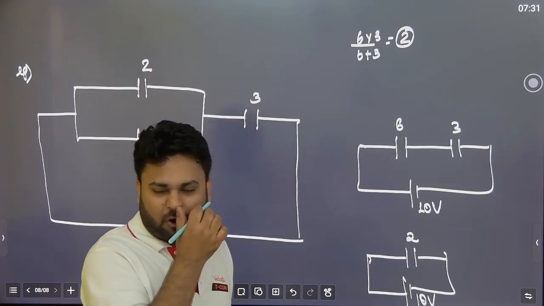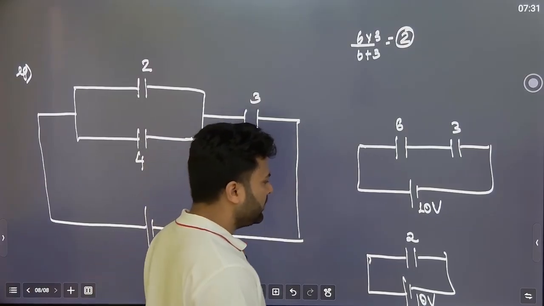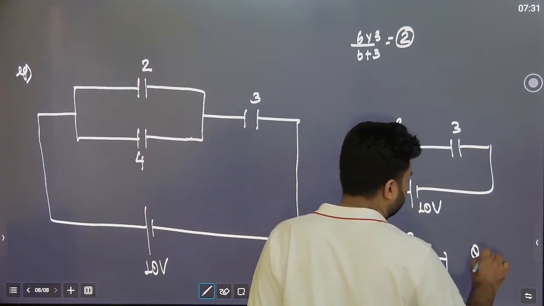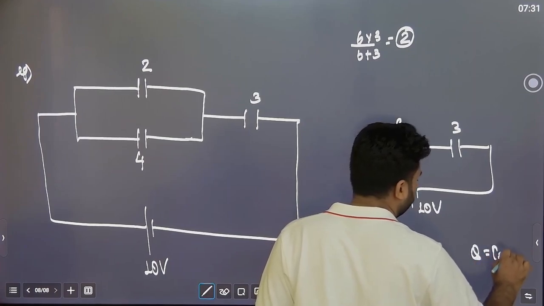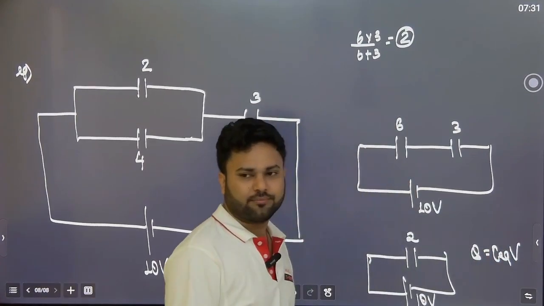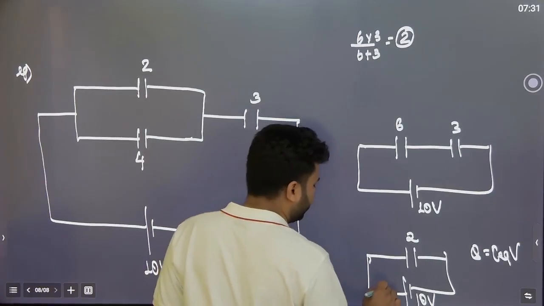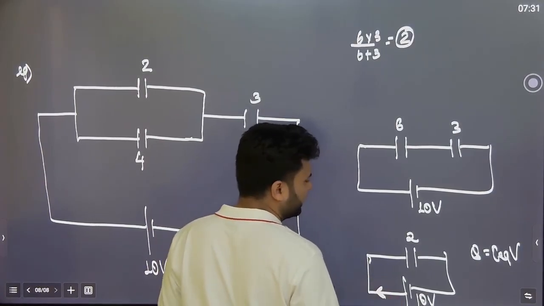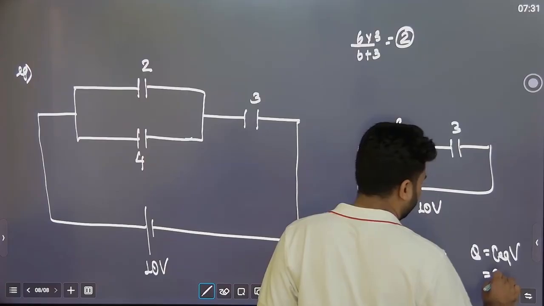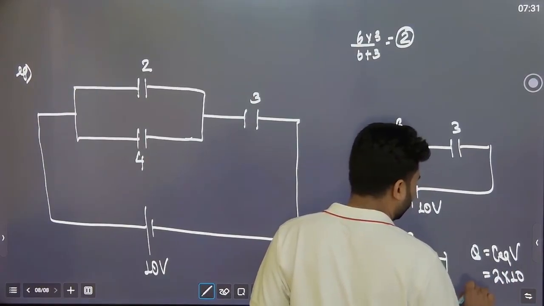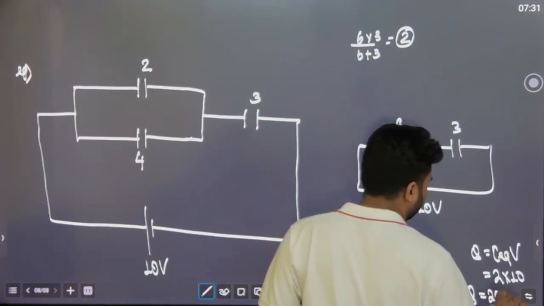Well, if someone asks how much charge is flowing from the battery, so charge equals C equivalent into voltage. C equivalent is 2, voltage is 10. So Q equals 20 coulomb.